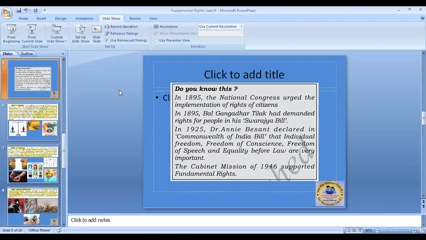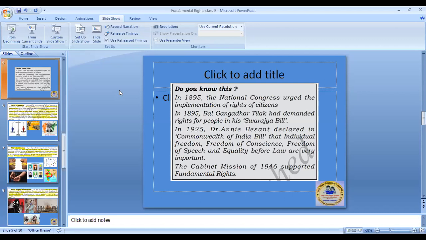Before discussing those fundamental rights in depth, we will try to learn somewhat of the background of fundamental rights. In 1895, the National Congress urged the implementation of rights of citizens. Again, in 1895, Bal Gangadhar Tilak demanded rights for people in his Swaraj Bill.